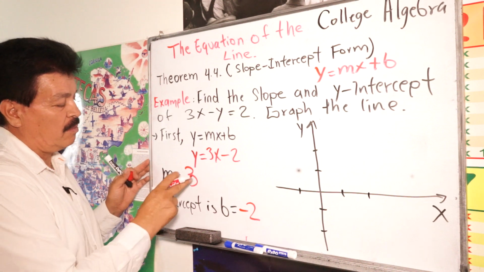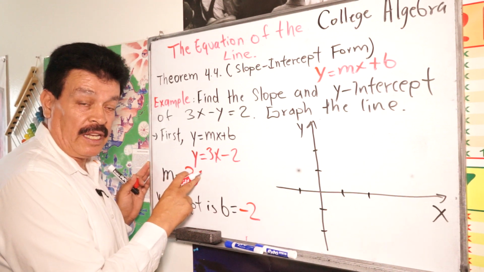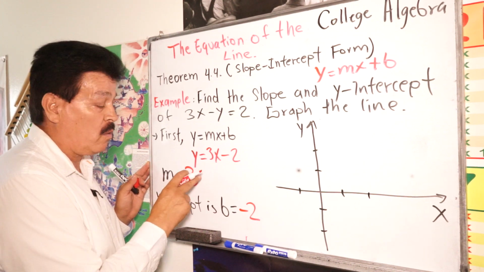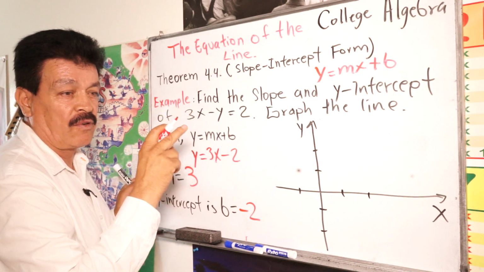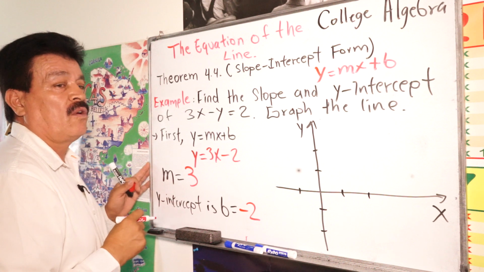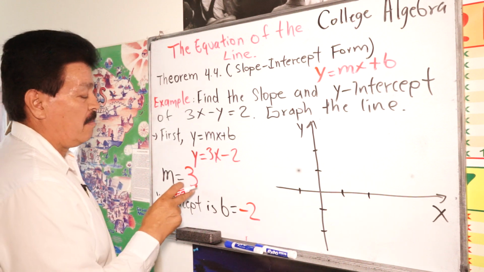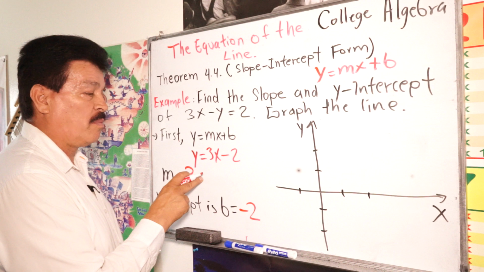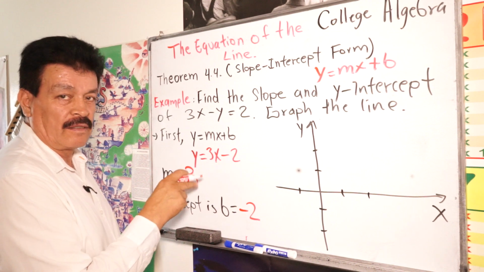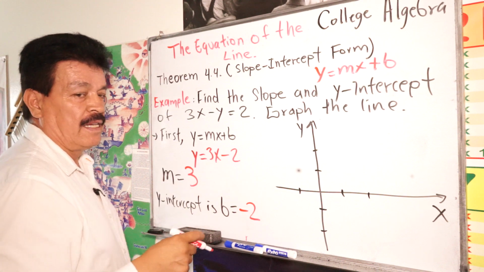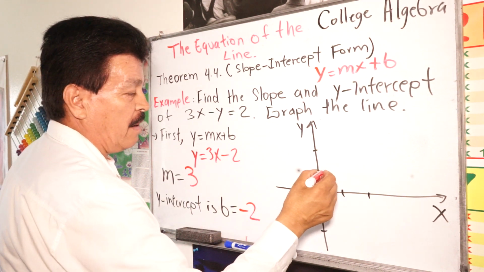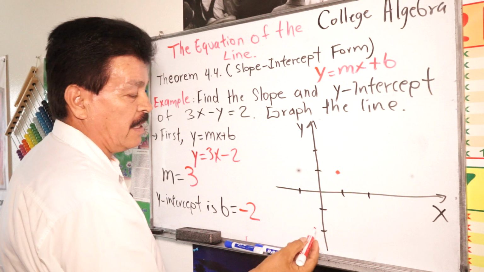What is the slope? 3. So this means 3 over 1. Remember the information that I gave you before: on the bottom is x, and the top is the movement up or down. So we are going to have our point right here, and then the other one.